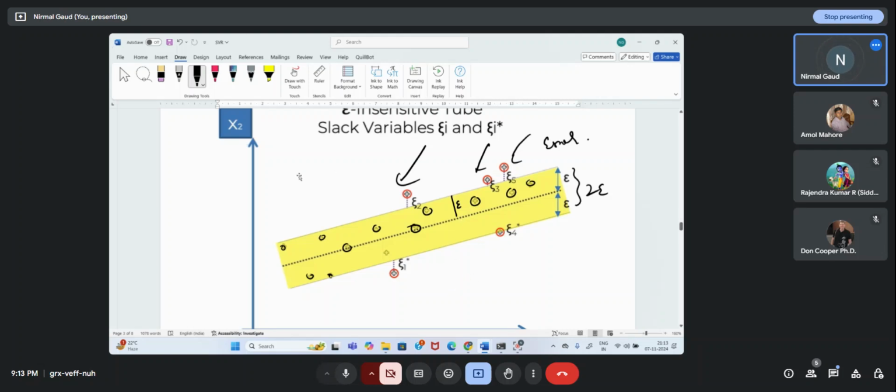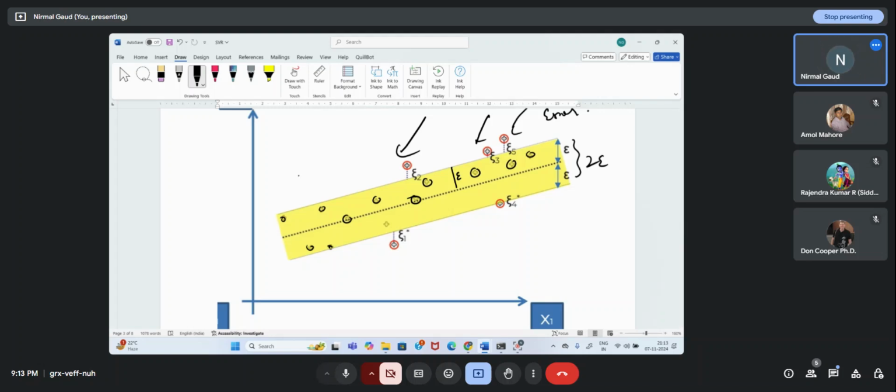Above are slack, below are slack star. You can see this is slack star, this is also star. Again, above and below the tube: above the tube it is slack, below the tube it is slack dash, slack asterisk.